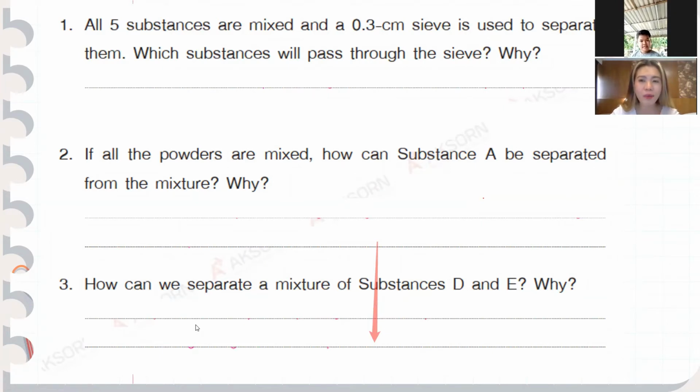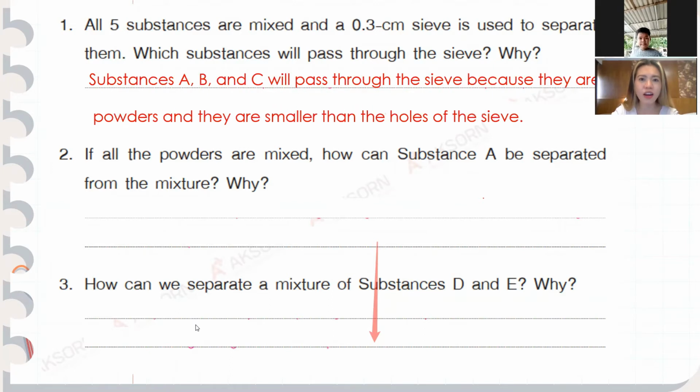Why? What is the reason? Because they're all powder. Very good. Now, I want everybody to get their blue pen and write your answer. Substances A, B, and C will pass through the sieve because they are powders and they are smaller than the holes of the sieve.